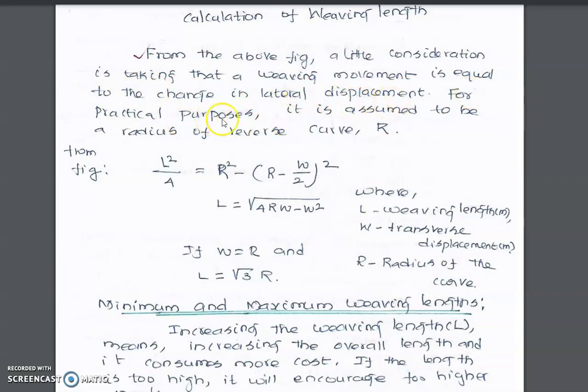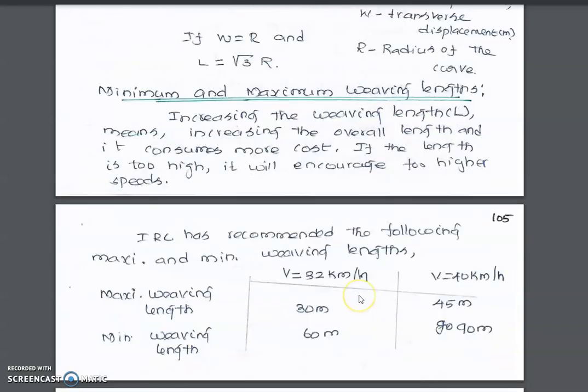For practical purposes, it is assumed to be a radius of reverse curve capital R. From the figure, L squared divided by 4 is equal to R squared minus (R minus W divided by 2) the whole squared. With simple calculation, L is equal to the root of 4RW minus W squared, where L is the viewing length, W is the transverse displacement in meters, and R is the radius of the curvature. If W is equal to R, then L is equal to root of 3 times R.